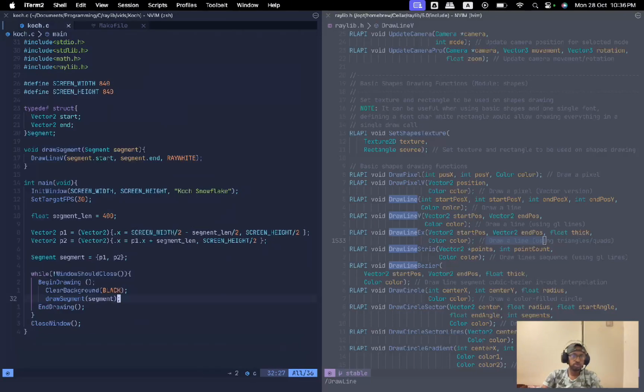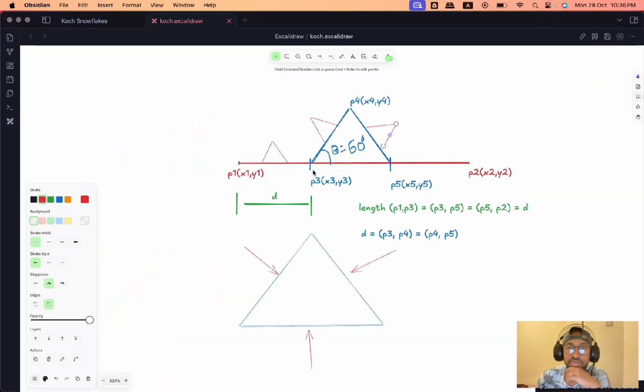Okay, yeah, so what's our next step now? Since we are doing this operation iteratively, that means we need a way to store multiple vectors, segments. We need to have an array of segments because we'll be creating these segments recursively, and we need to store them somewhere and loop through that array or some memory location and draw them ultimately.